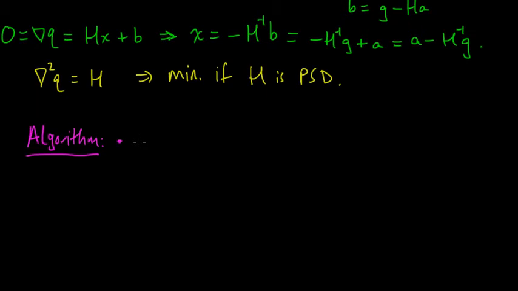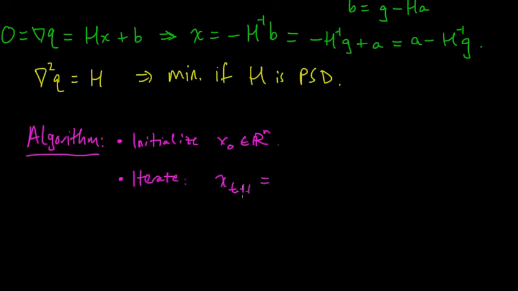So first, you initialize x0. Maybe choose it to be 0 or something like that. You might have some smart way to initialize it. And then iterate on the following expression.